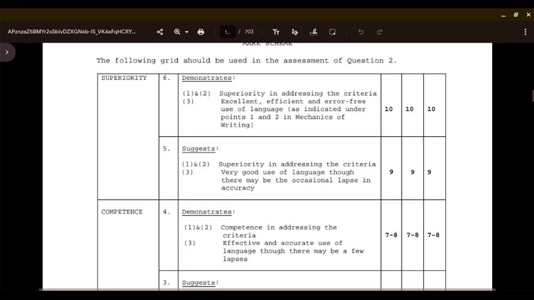I'm getting great sentences, I'm getting precise language. I want to weep as I'm reading your work because the sentences are so precise, concise, coherent. But with level 6 superiority, I don't have any errors. Level 5, occasional error, definitely much less than level 4 competence.